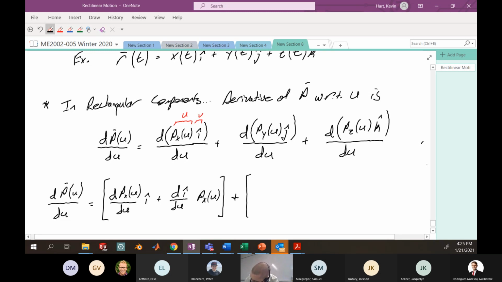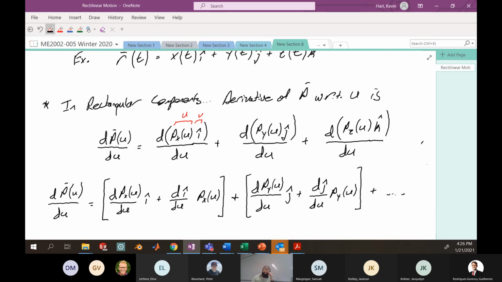And similar. Plus similar, okay? Now we have to understand what each of these terms really is.